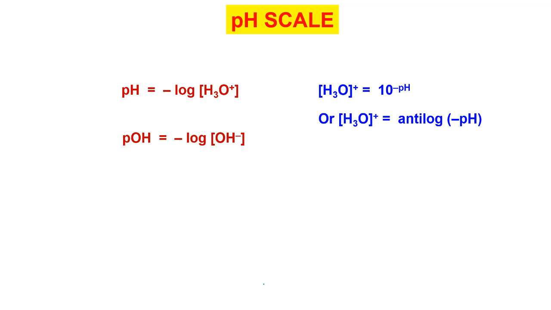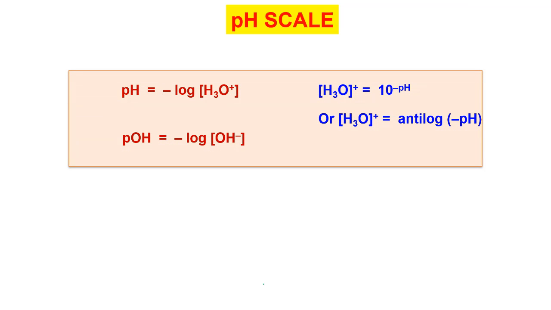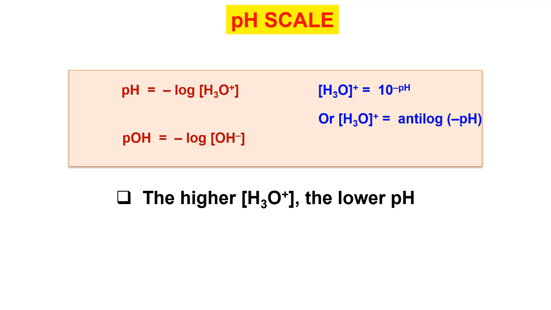Alright. pH scale. So, kalau kita lihat di sini, ini formula nak kira pH dengan pOH tadilah. Right? So, kalau saya tahu pH, sekarang saya nak kira concentration of hydronium ionnya, maka saya akan anti-log negative pH value tu. Okay, ini matematik sahaja. So, the higher the concentration of hydronium ion, the lower the pH.